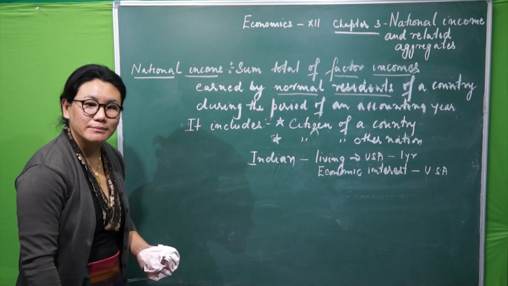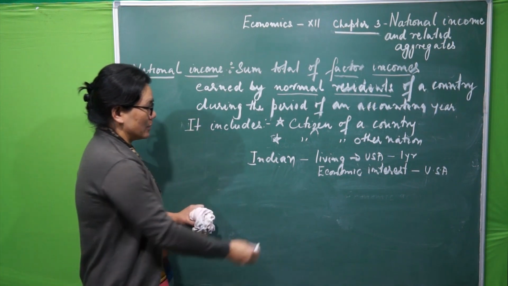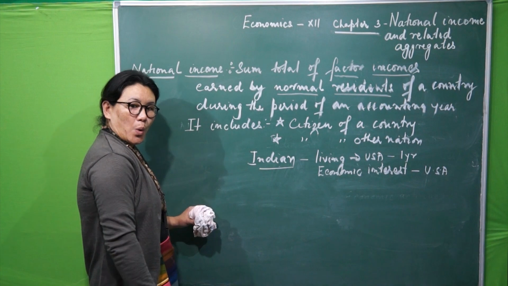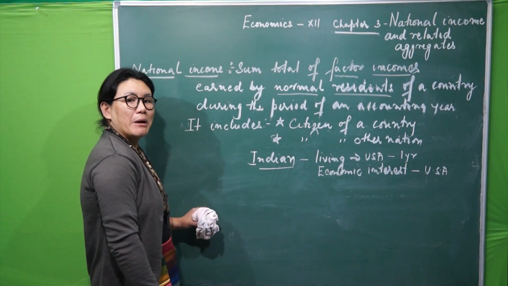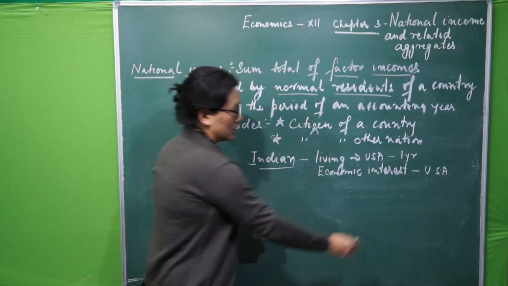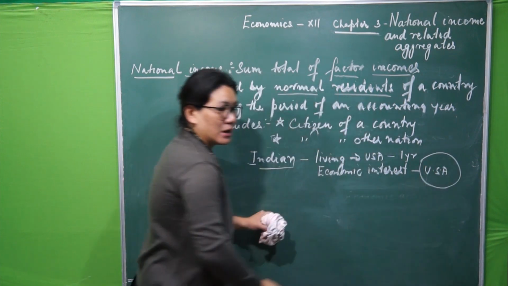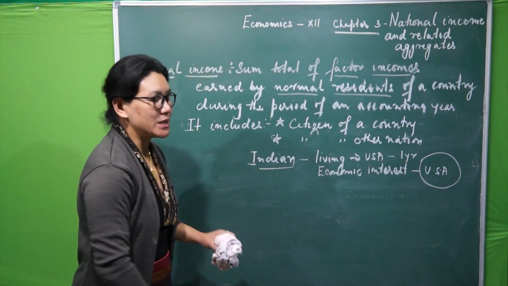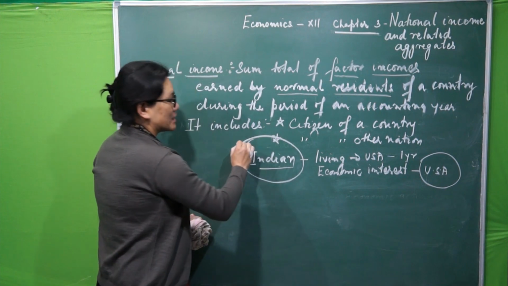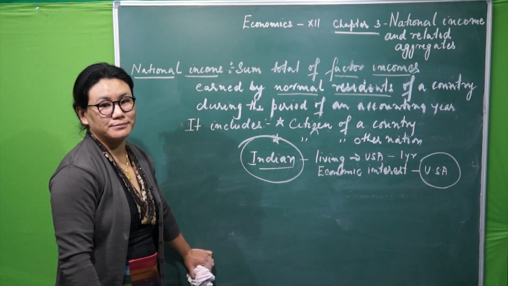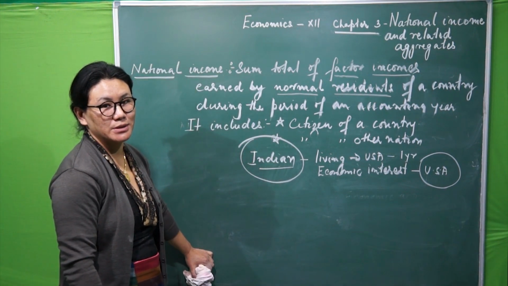Then what will happen? Now this Indian will be the normal resident of this country, even if he continues to be the citizen of India. See here, this is very important.